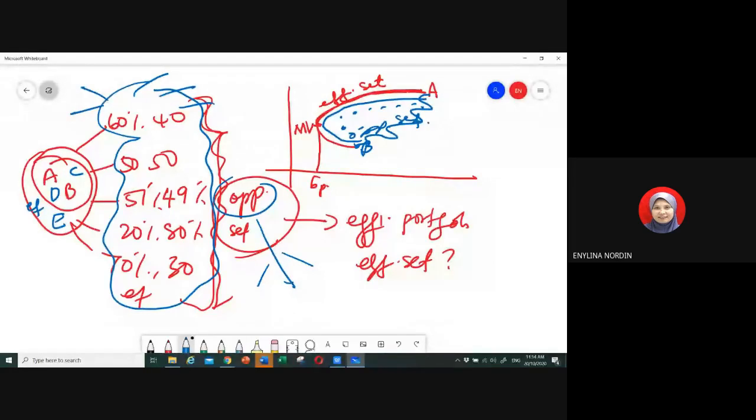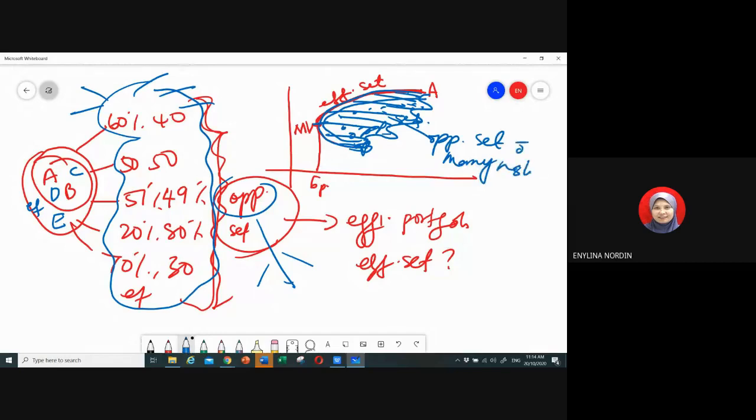A shaded area here, or a confined region, including the points on the curve earlier. So the blue shaded area here is called the opportunity set or feasible set for many risky assets.